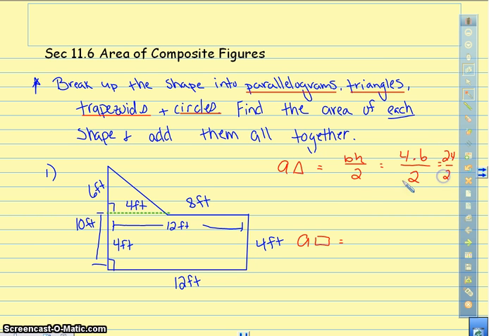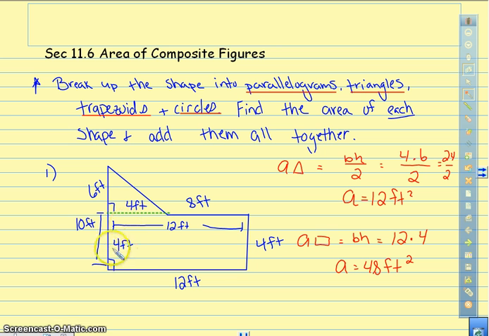When I divide that by 2, I get an area of 12 feet squared. Looking at my rectangle here, I have a base of 12 and a height of 4. 12 times 4 is 48. So my rectangle is 48 feet squared.